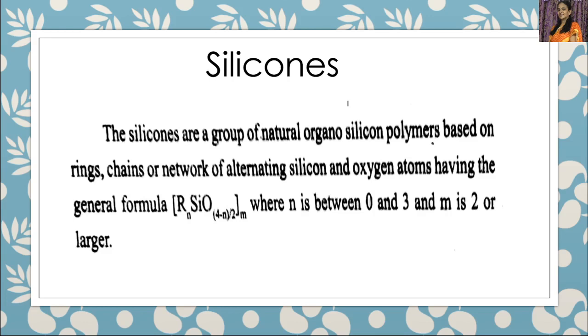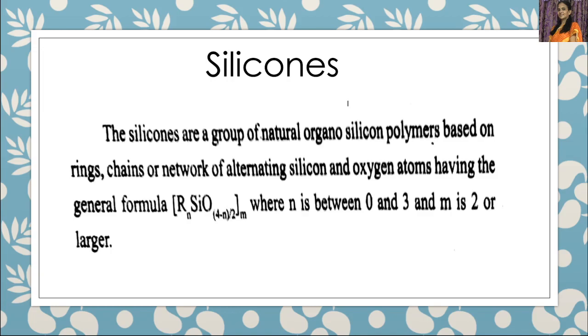So m is 2 or more than 2. The number of monomers present in that particular silicone is given by this m, so m is always equal to 2 or greater than 2, where n is 0 to 3. So this is the general formula of silicones.